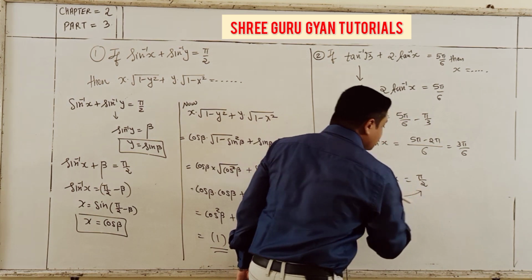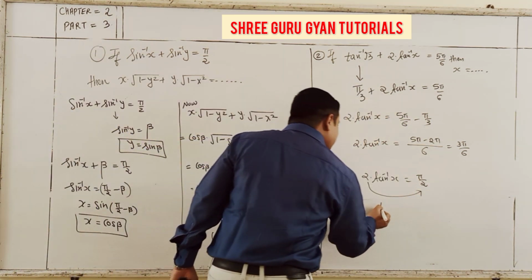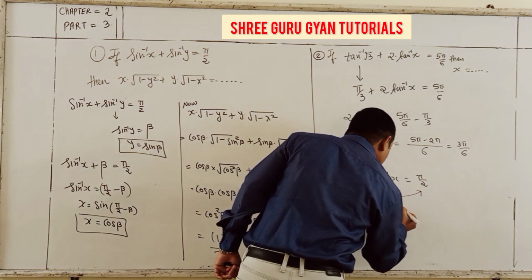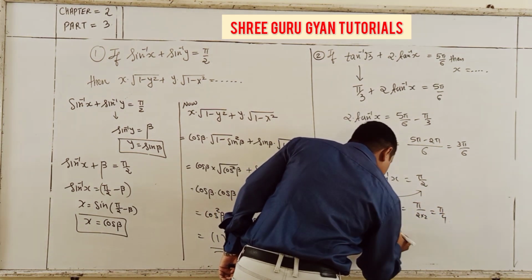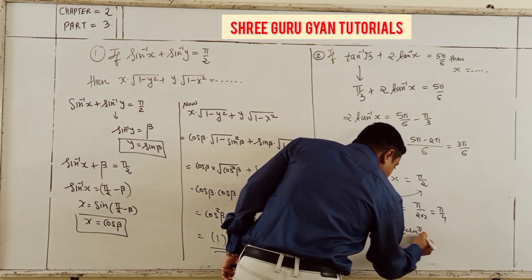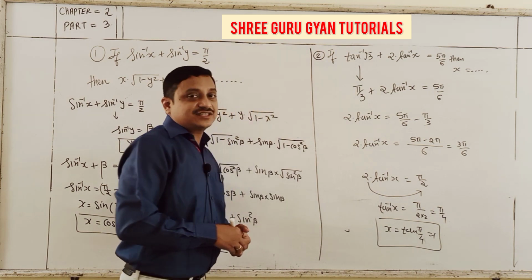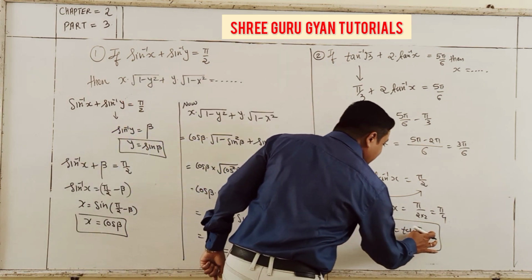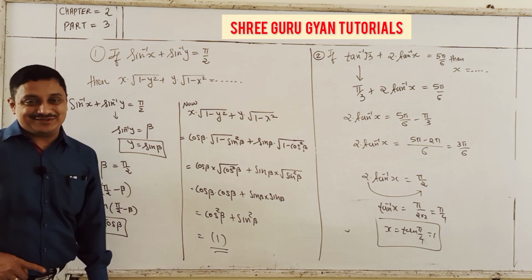Now divide both sides by 2, so tan inverse x is pi by 4. So x becomes tan 45, which is exactly known and is only 1. That's your simple solution.